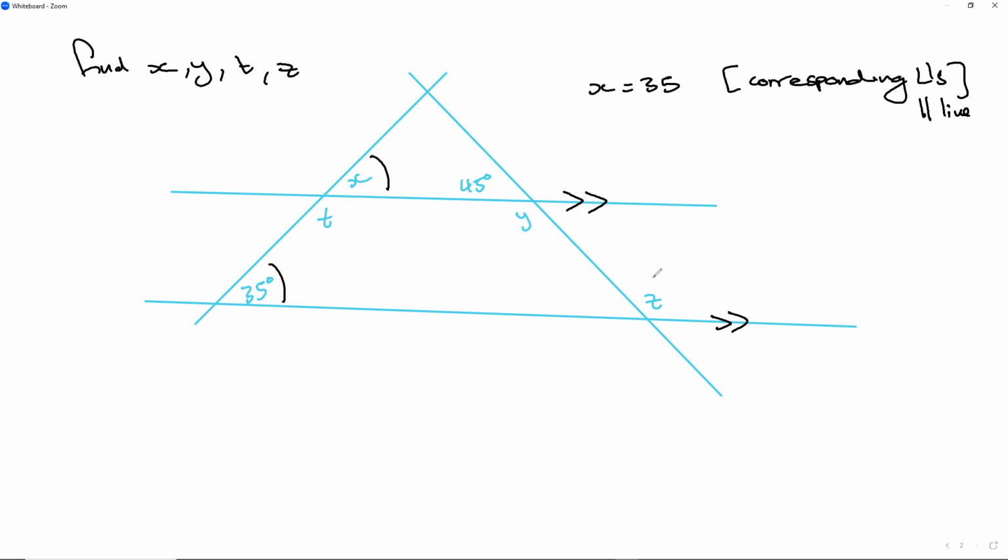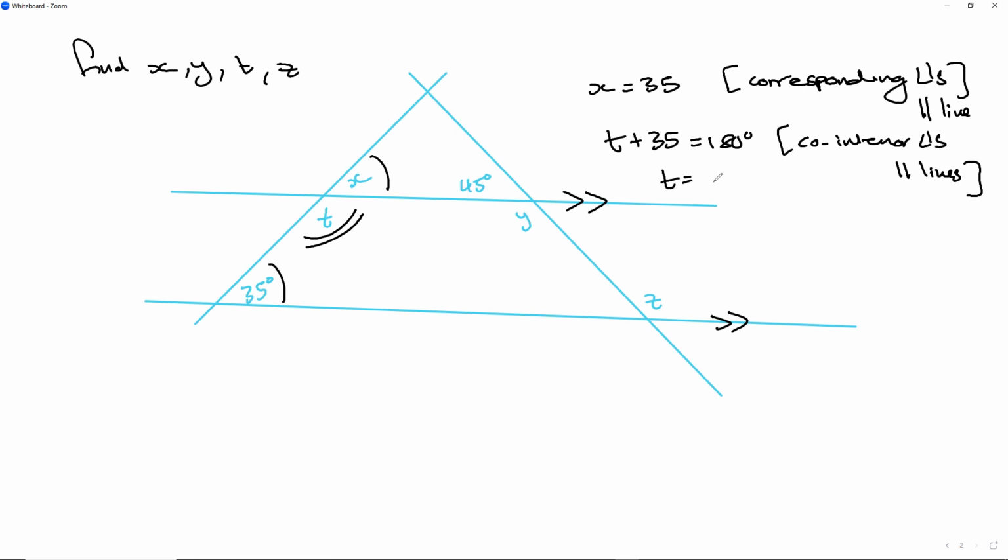Let's try and see if we can find a co-interior angle. I can see t plus 35 equals 180. And that's co-interior angles as the reason. Again, we just write parallel lines as part of the reason why.